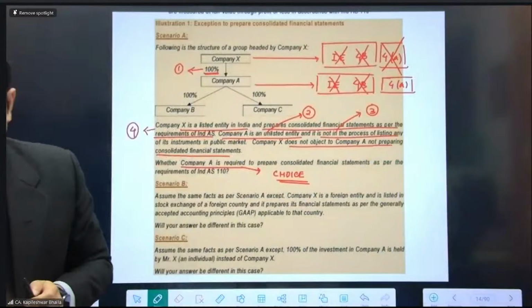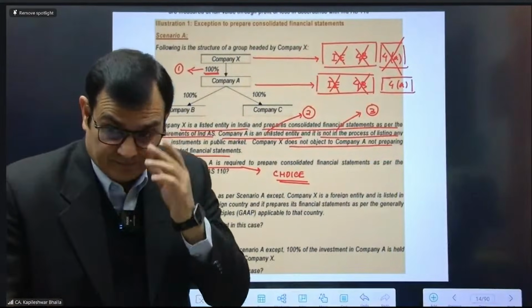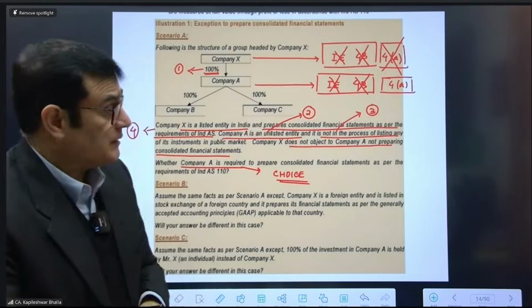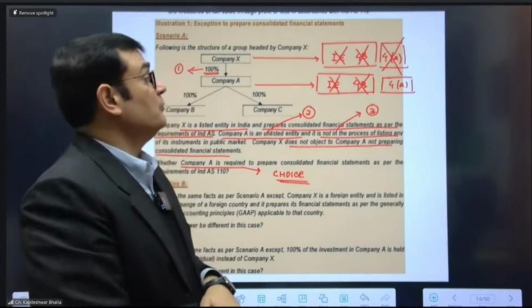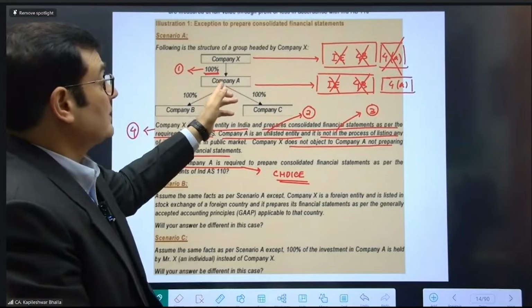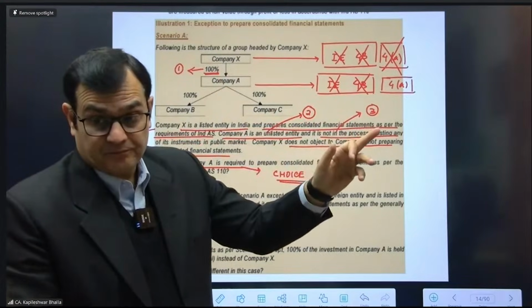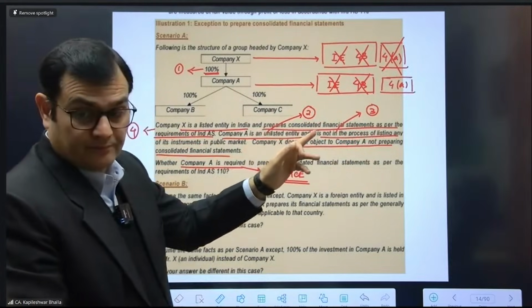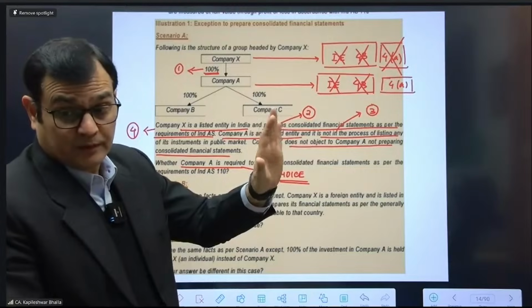So for company A, if it is a choice, then does it follow Ind AS 109? No, not 109.